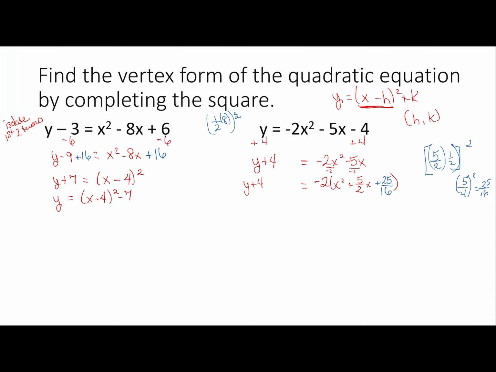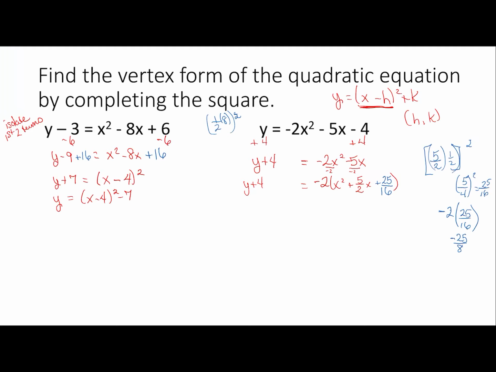But a common mistake is made when that happens, because it's not really 25/16 that's being added to this side. It's a -2 times 25/16 that was added to the right side of the equation. So if I simplify that, 2 and 16 reduce to a negative 25/8, that was actually what I had subtracted from the right-hand side.